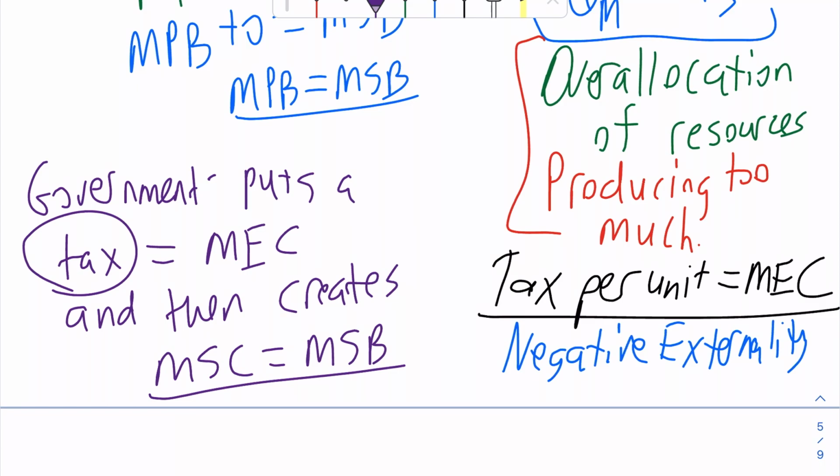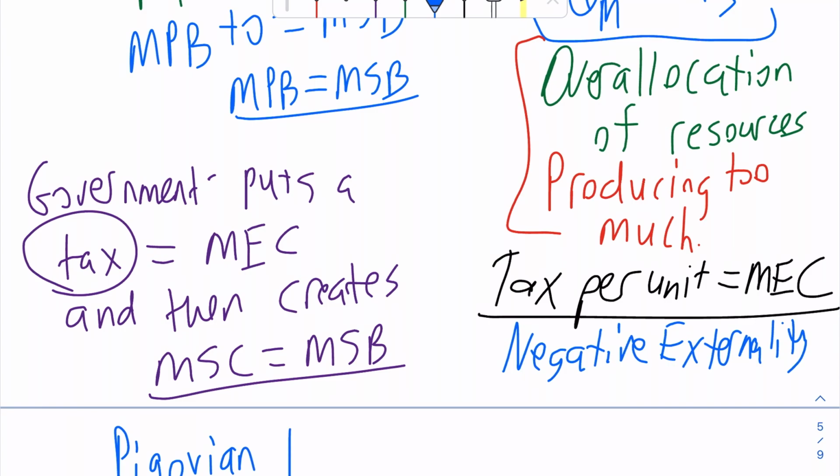Okay? The final point I want to make on externalities is that an economist named Pigou came up with this idea about externalities, about how when you're consuming something, you are causing something external. And so he came up with the idea of externalities and why you need taxes and subsidies.